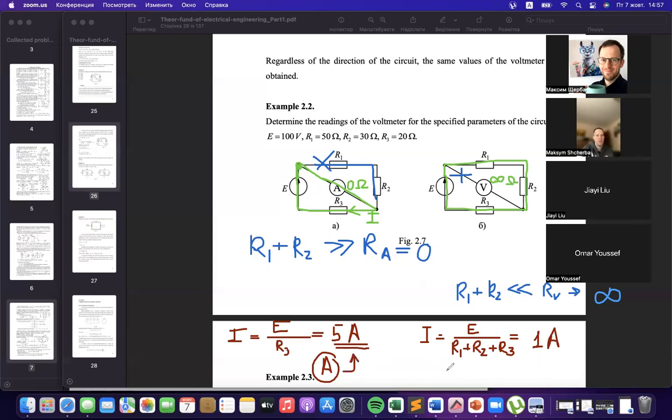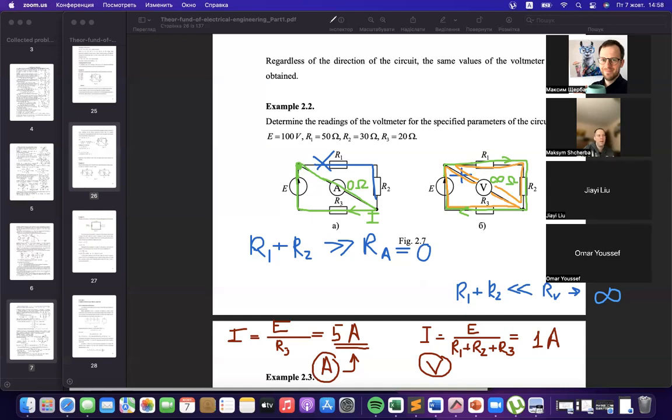For the voltmeter, it could be found the same as in the previous case. If you want to measure the voltage, you could go in this direction, bottom mesh or upper mesh, using the Kirchhoff law for voltage. On the bottom mesh, it will be electromotive force. Let's see the direction of current. The current direction will be here. Then it will be electromotive force minus current.